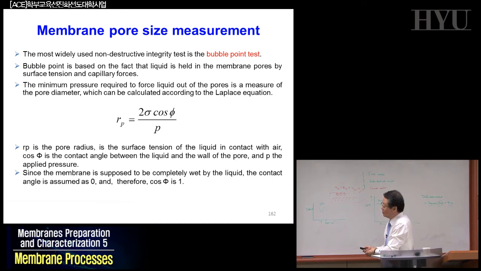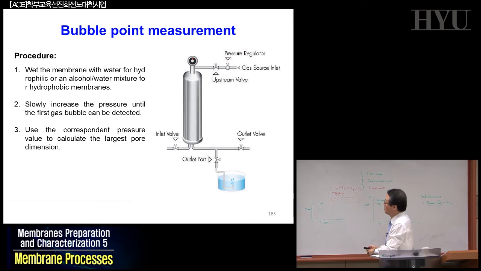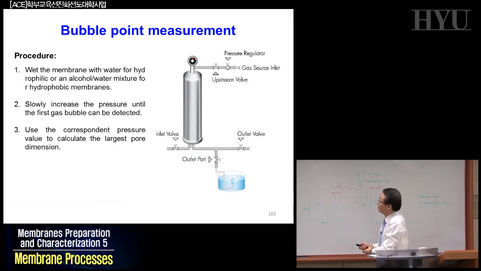You can measure the pressure at which the liquid comes out, and if you know the surface tension, then you can calculate the radius of your pore. This is one of the methods where you have your alcohol and water mixture through a hydrophobic membrane, which was swollen. You wet the membrane first, put it in, and apply the pressure.